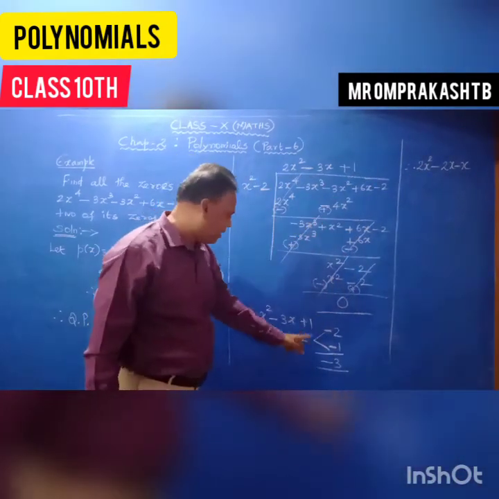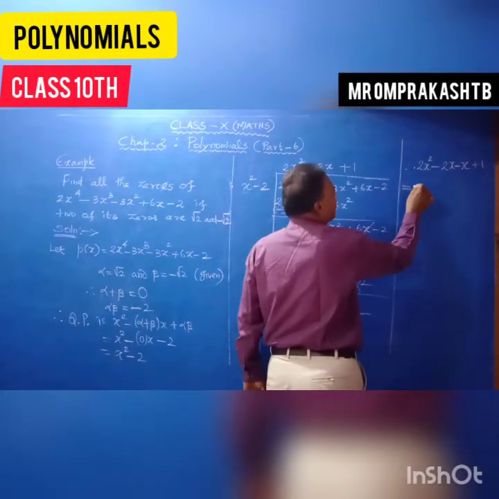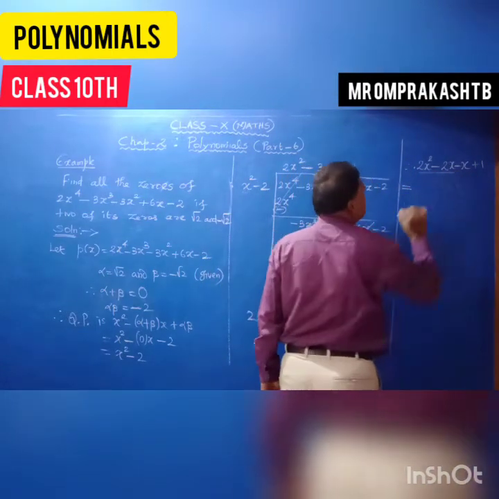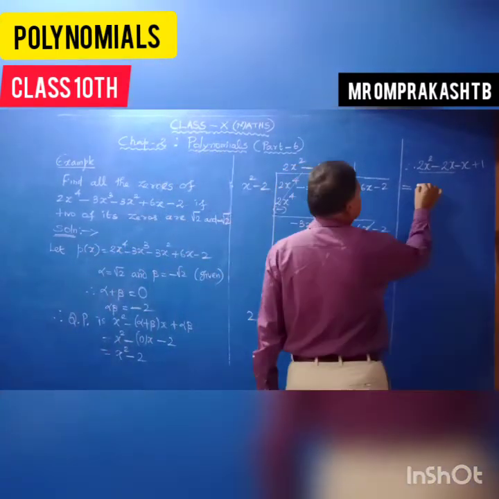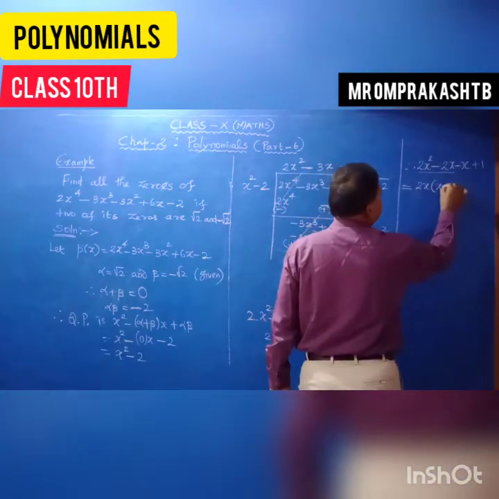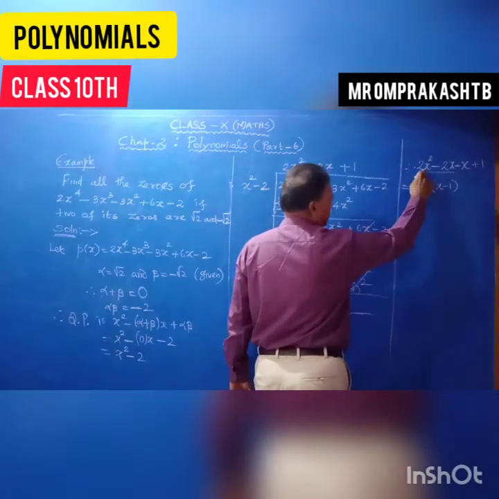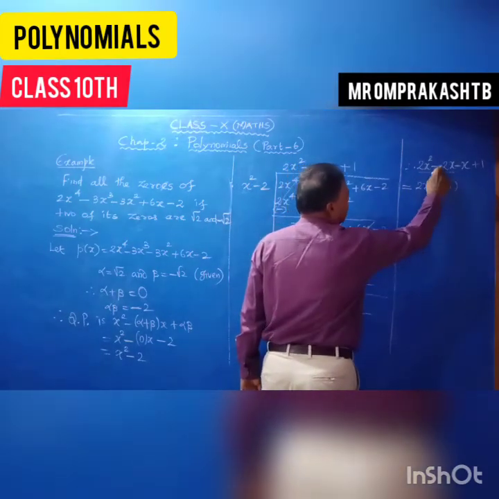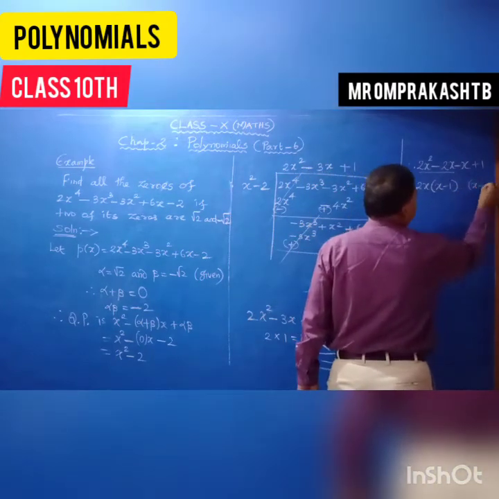Minus x plus 1. Now first two terms, what is common? 2x is common. So 2x you take common. What you will get? X minus 1. Clear? If you have doubt, you multiply it. 2x squared, 2x into minus 1 is minus 2x. Correct? Now same factor you write it here again.